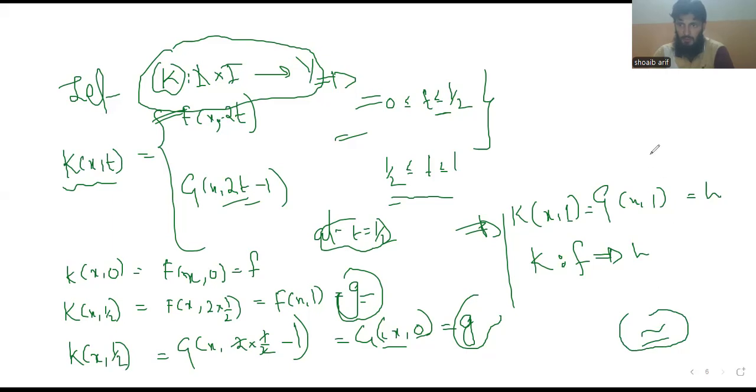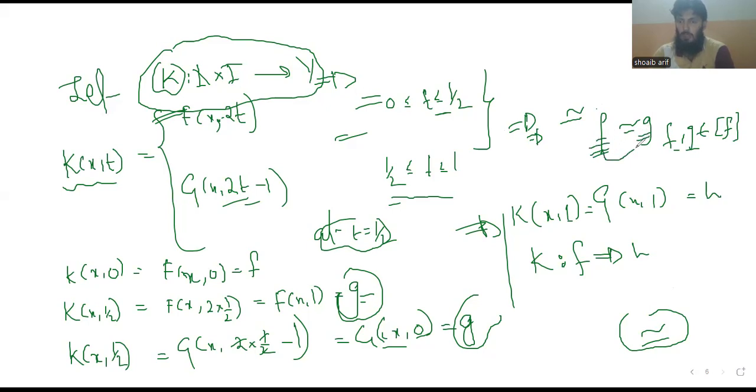So what can we conclude according to this lemma? The homotopy or path homotopy is an equivalence relation. We can conclude that if f is homotopic to g, then f and g both belong to the same class, along with all other maps which are homotopic to f or g.